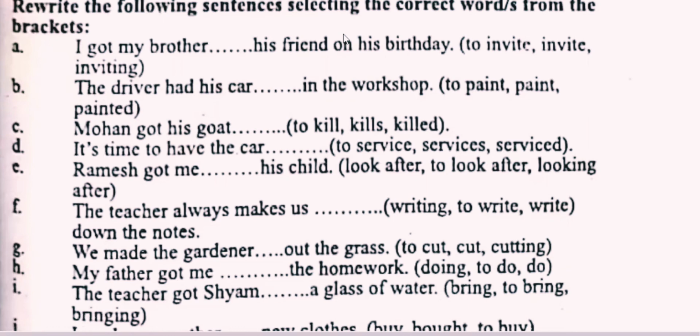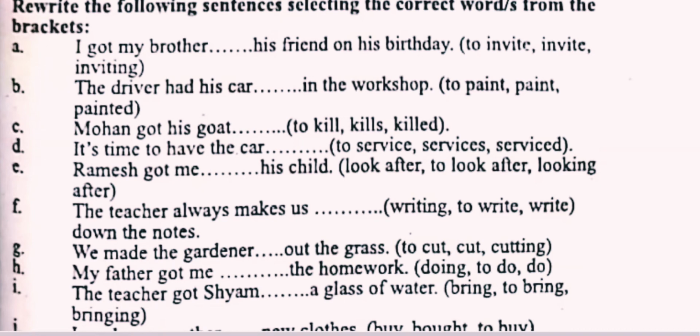And number B, the driver had his car painted. See, painted. How? The driver is the subject, had is the causative verb. According to the first structure, this is the subject, the driver, plus has, having, had, and then the object. His car is not the doer here.